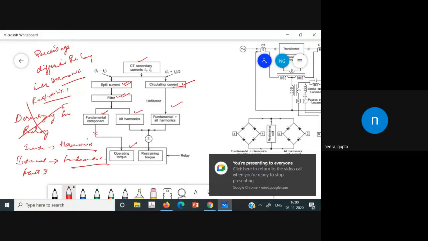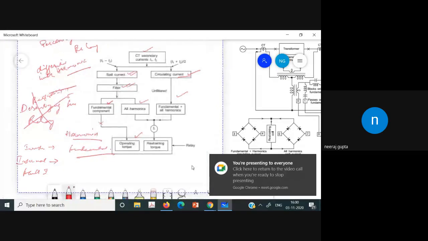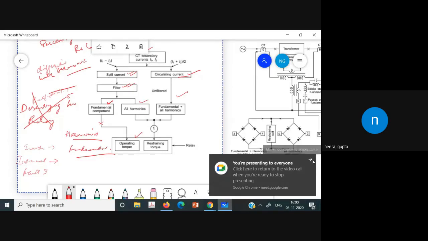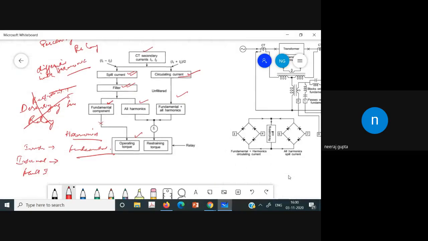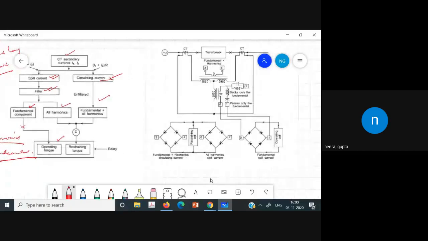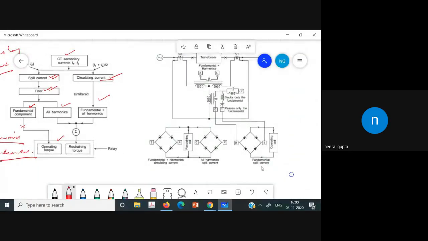Now, this scheme is implemented by this diagram. This is implemented here. Like we will have 0 and 1, these are connected here.